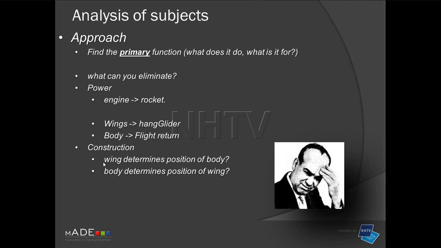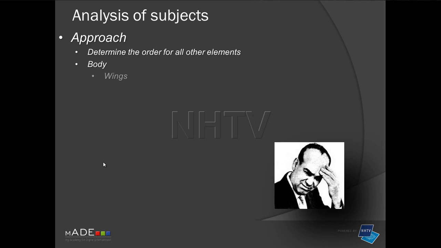Once you do that, you can start determining the order of all elements. So we have the body with the wings, and now that you have the position of both of them, you can start thinking of where you should place, for example, the engines. Are the engines underneath the wings, are the engines connected to the body, etc.